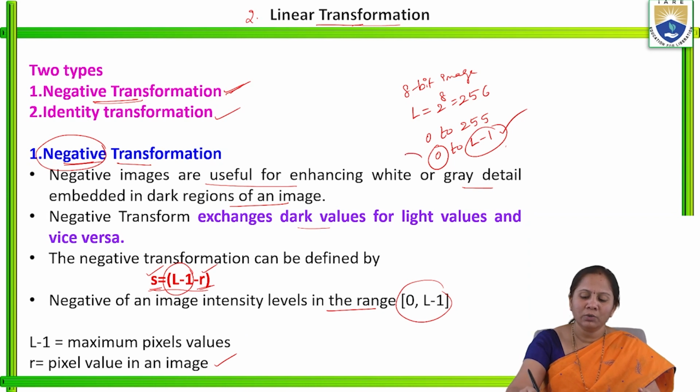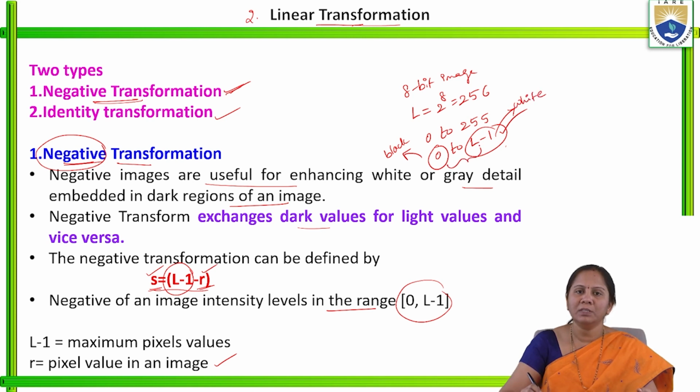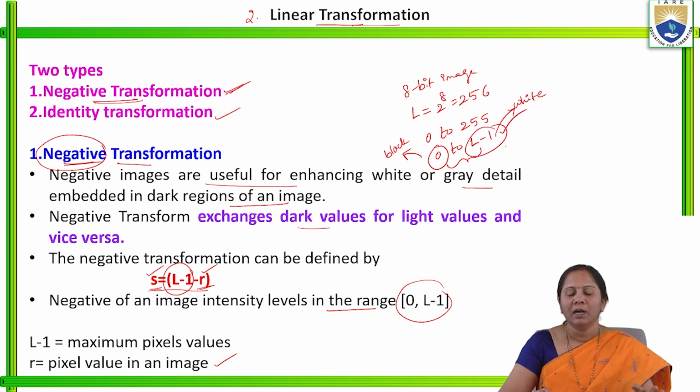So here 0 represents the minimum value, which will be represented as black, and L minus 1 is the maximum pixel value, which represents white, and the values that are present in between this range will be represented as shades of black and white colors.